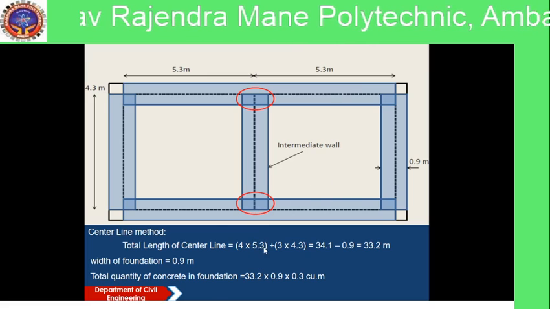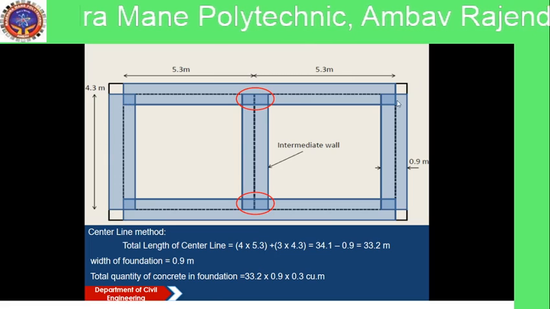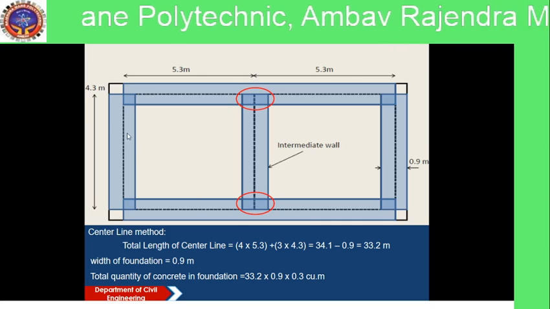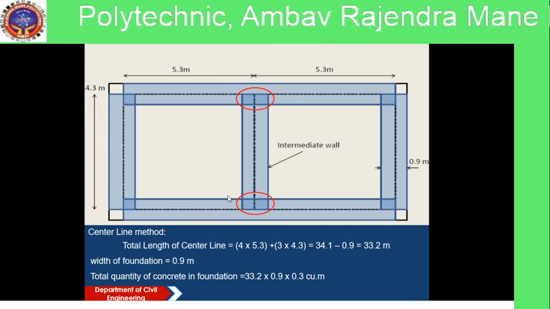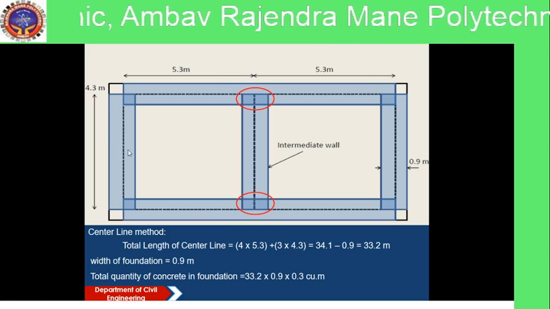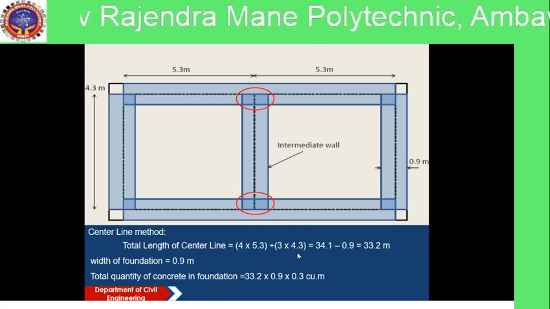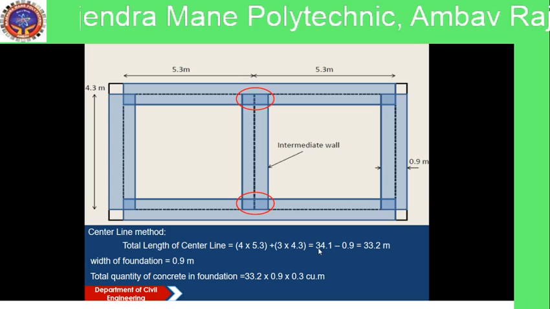So 4 into 5.3 plus the transverse walls in the transverse direction: 4.3, this 4.3, this 4.3. So 3 into 4.3, 1, 2 and 3, three walls of 4.3 meter length.